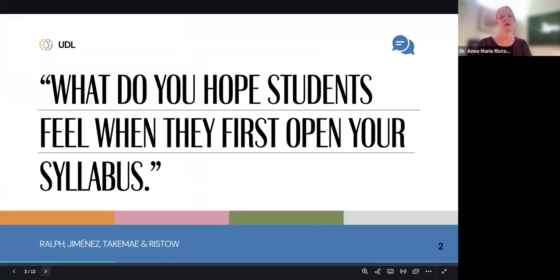So we already talked a little bit about what you hope students feel when they first open your syllabus. I actually transitioned from a Research One university to a community college. There's a lot of work to be done here in Florida in the US, and with things that are going on politically, I felt like it was really important to get closer to the teaching, and I wanted to also get closer to first generation college students and look at universal design for learning as a system across higher ed.